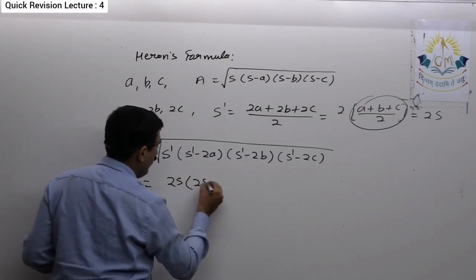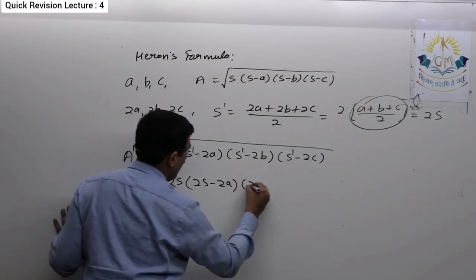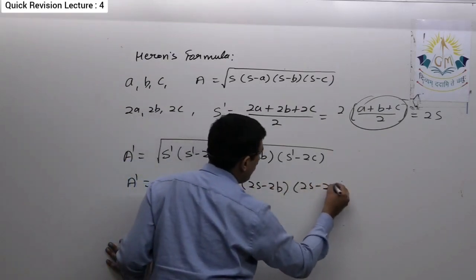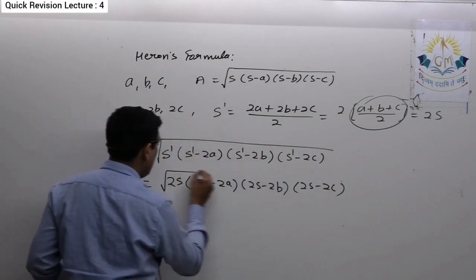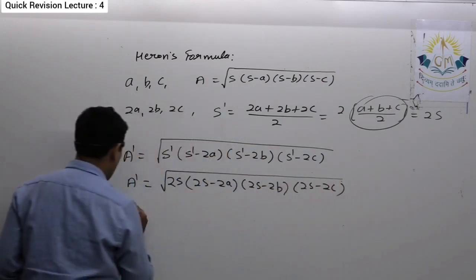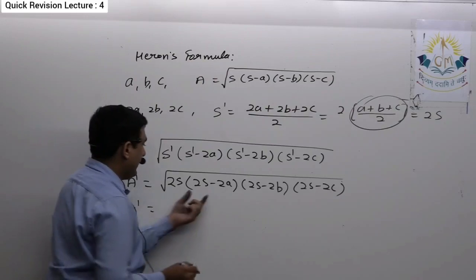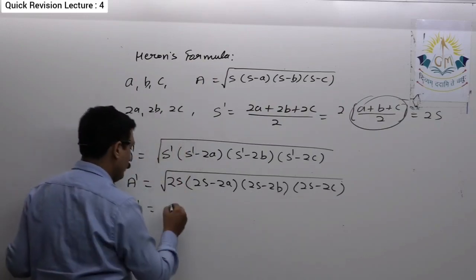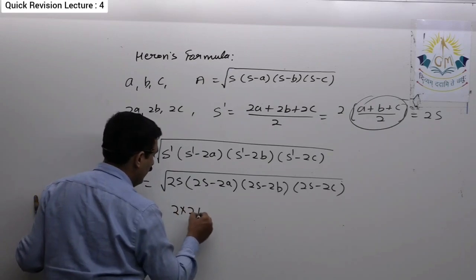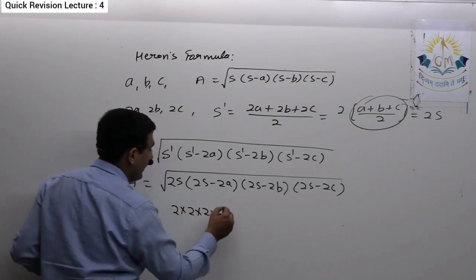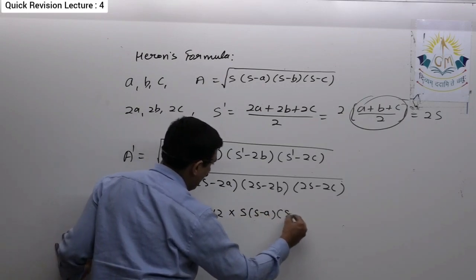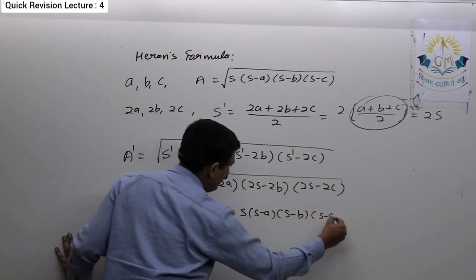So 2S minus 2A, again 2S minus 2B, again 2S minus 2C, isn't it? Now in this A dash, I can take 2 common from all these 3 brackets and this 2. So this gives me 2 multiplied by 2 multiplied by 2, and then S minus A, S minus B, S minus C.